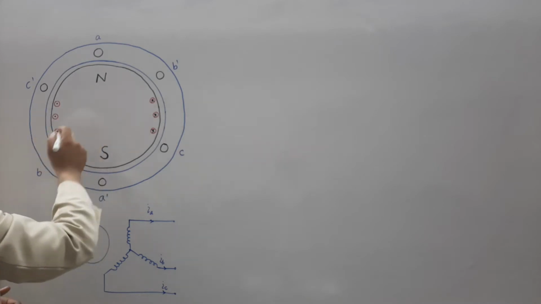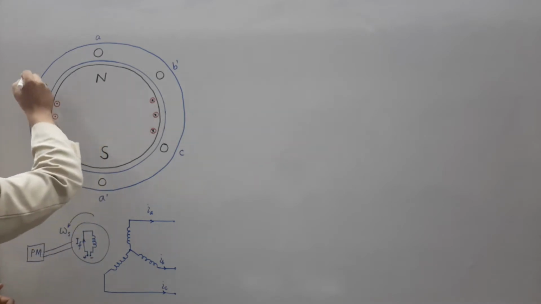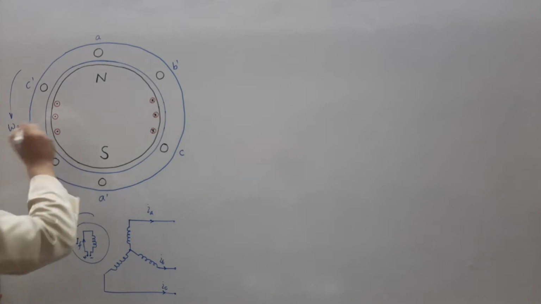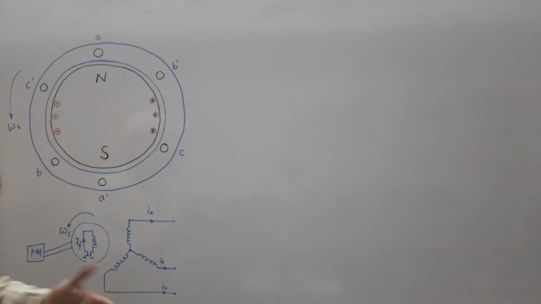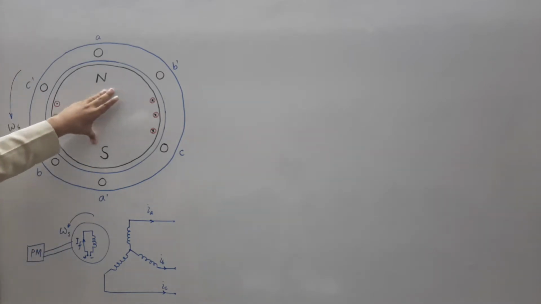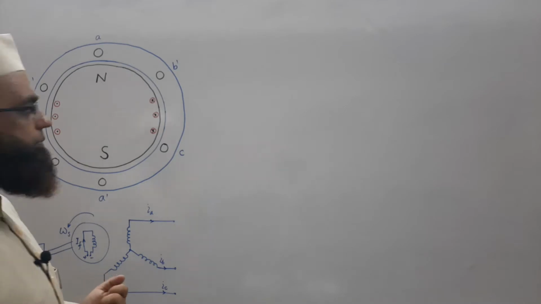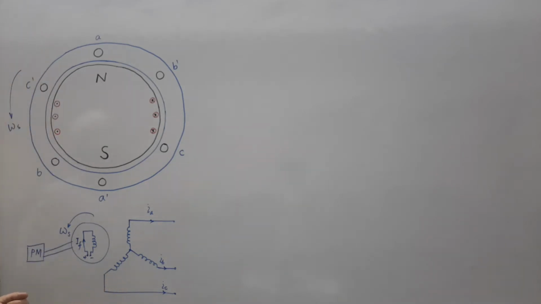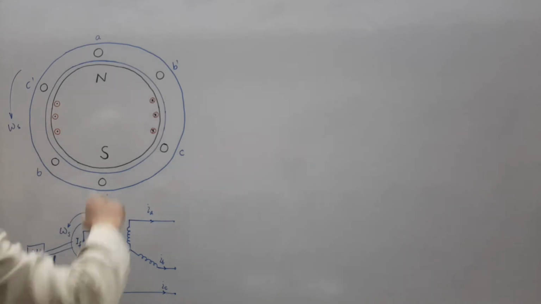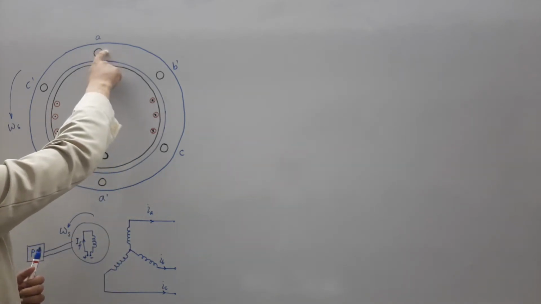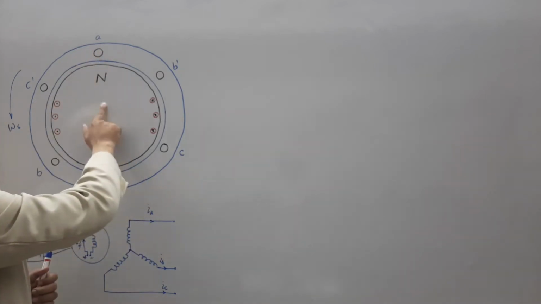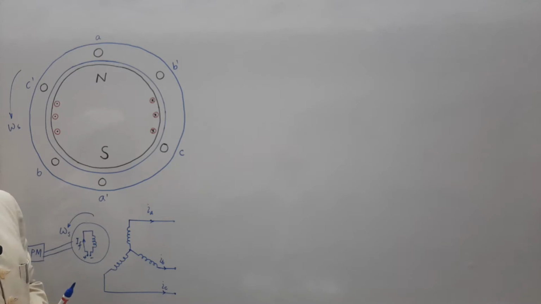Suppose this rotor is being rotated in anti-clockwise direction. Mark here this omega s. We may rotate either clockwise or anti-clockwise, let us take any one. So once the rotation of this rotor is anti-clockwise, it means if you are sitting on the rotor, then the relative motion of this conductor in this slot, let us say A, with respect to this field will be opposite to that.